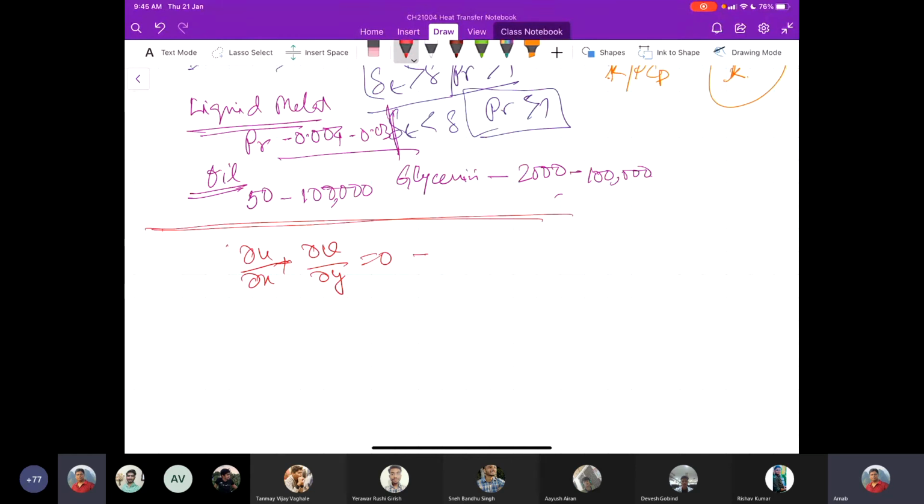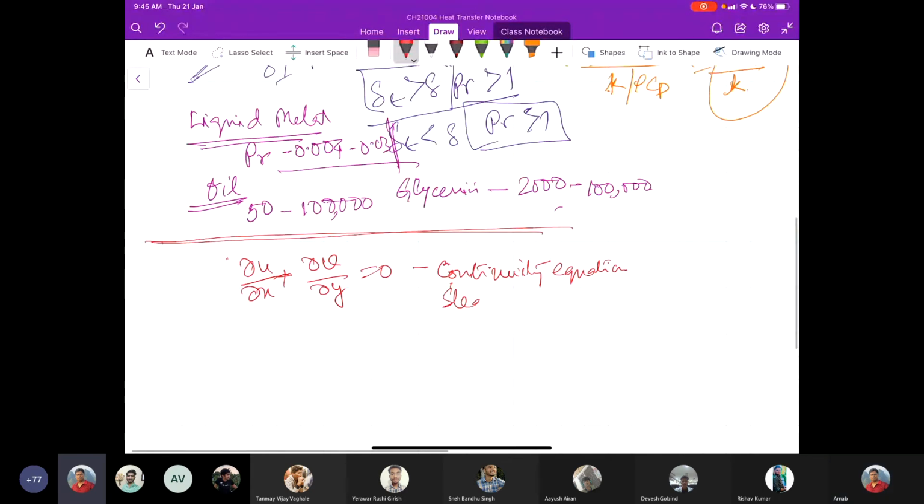It is the conservation of mass, what's known as the continuity equation, or say the simple mass balance in steady 2D flow having constant density. I will not go into the derivations because I assume that you did it in your fluid mechanics class.